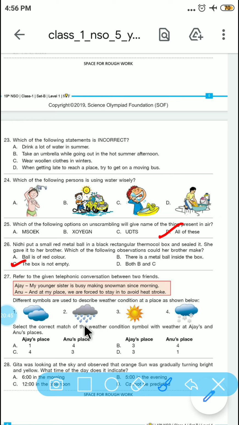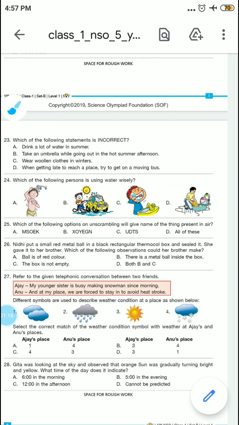Select the correct option. For Ajay, the kids are making snow, so the snowfall one will be the fourth one. So at Ajay's place, snowfall is happening, which is in option C. So the correct option for question number 27 is option C.